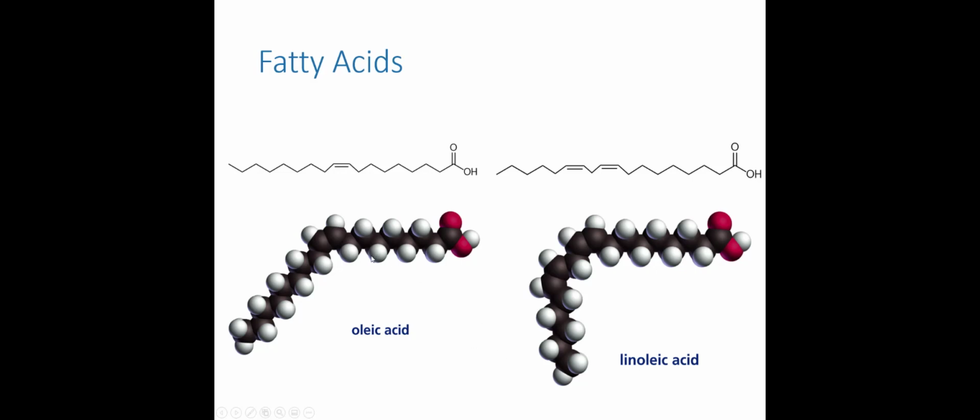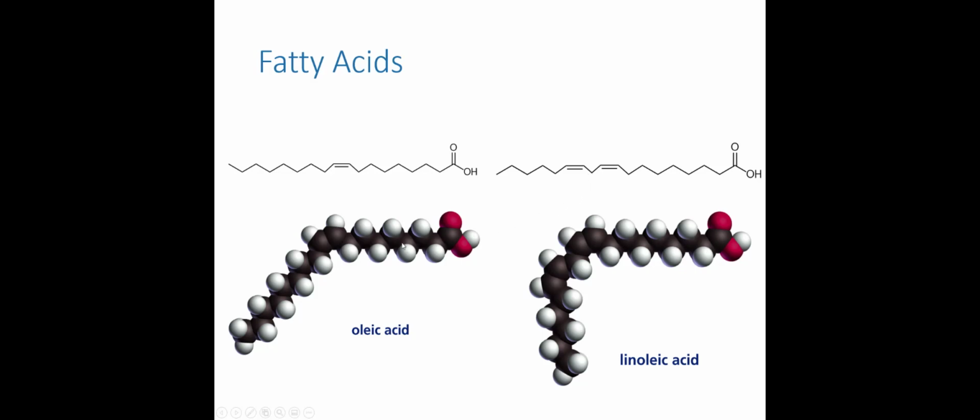This is a monounsaturated acid. Linoleic acid has 2 double bonds in its structure, and again, both of these are going to be cis in orientation. So this is a polyunsaturated fatty acid.